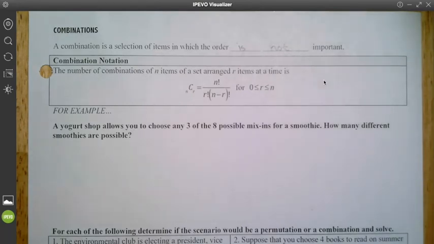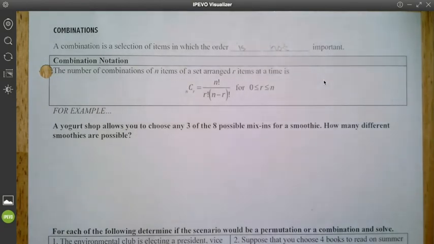Another example would be if I am mixing paint and I choose to make orange. Red and yellow make orange. It doesn't matter which one I put first. If I squeeze the red and then the yellow, or the yellow and then the red, it's still going to make orange.